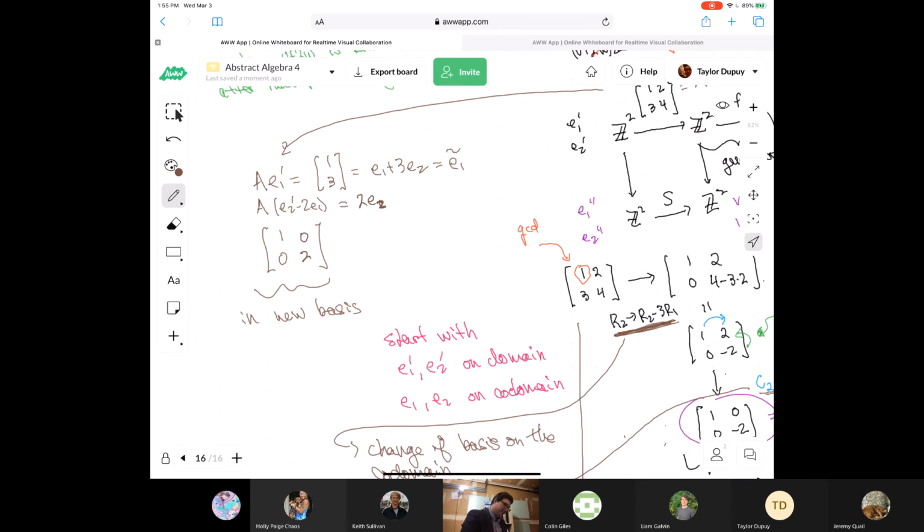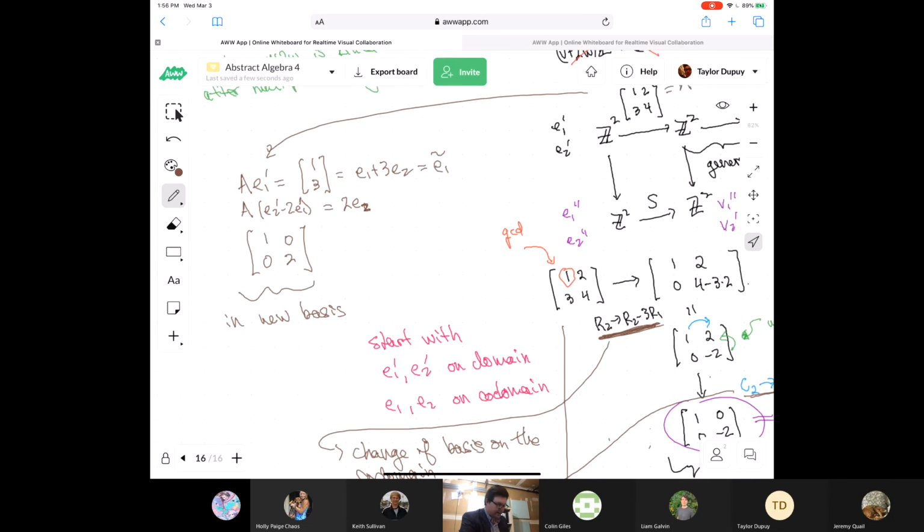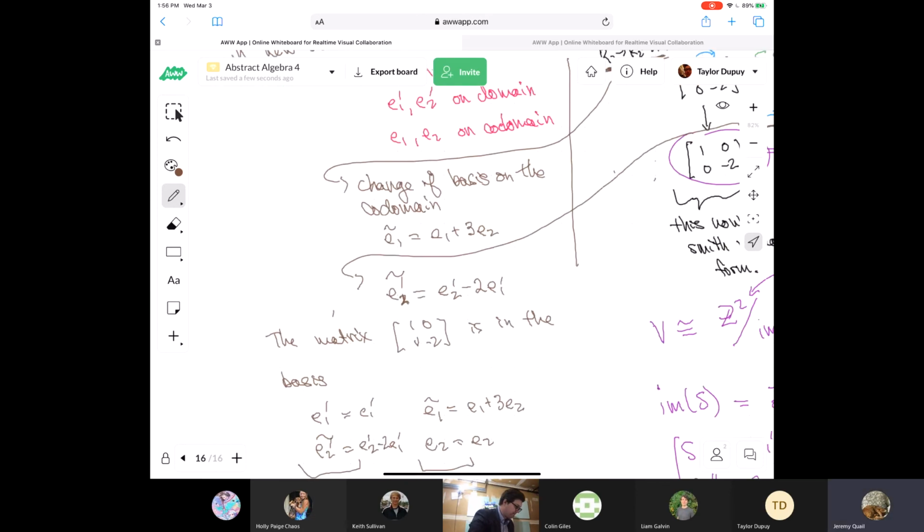Right? So that's what I'm doing: I'm finding the explicit basis, so that it puts this linear operation into Smith normal form.